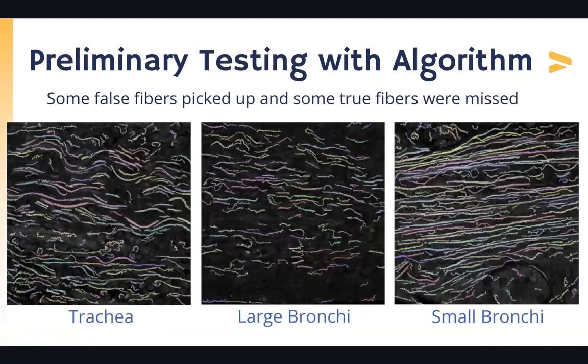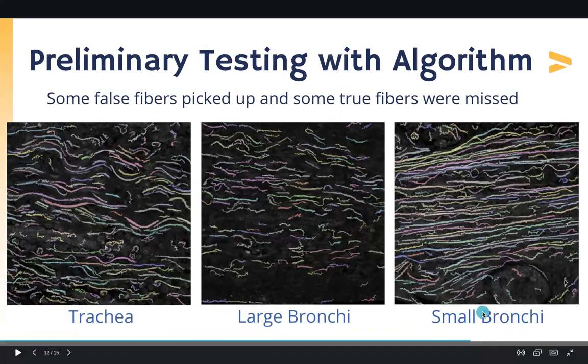Now, this is our preliminary testing with the algorithm, and the main focus right now is parameter optimization. The issue that we're having is it's currently picking up some false fibers and some true fibers are being missed. So we need to vary those parameters to limit that from happening. It's kind of hard to tell, but I can draw your attention to the small bronchi over here.